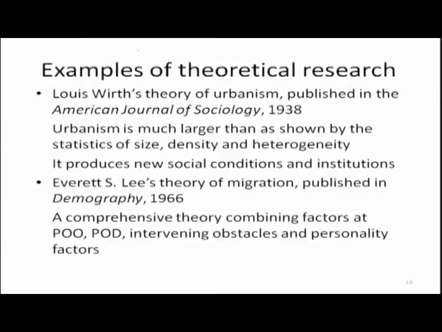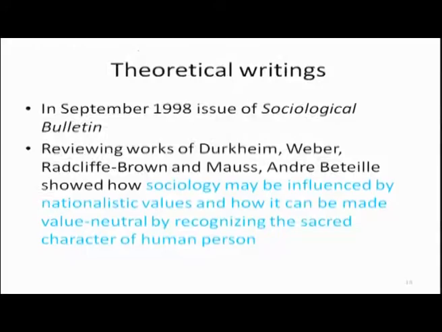This was the subject matter of research. Similarly, Everett Lee's theory of migration, published in Demography in 1966, was a comprehensive theory combining factors at the place of origin, place of destination, intervening obstacles and personality factors, on which earlier empirical researchers working in the field of migration had spent some time.